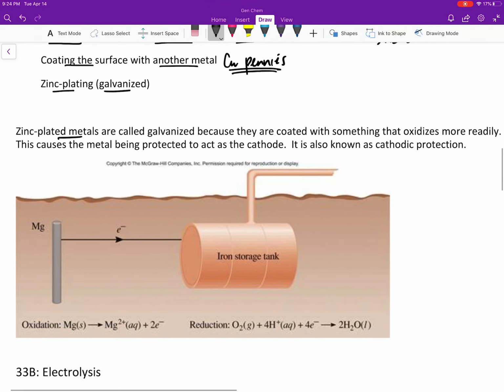So zinc plated metals are called galvanized because they are coated with something that oxidizes more readily. This causes the metal that's being protected to act as the cathode. It's also known as cathodic protection.